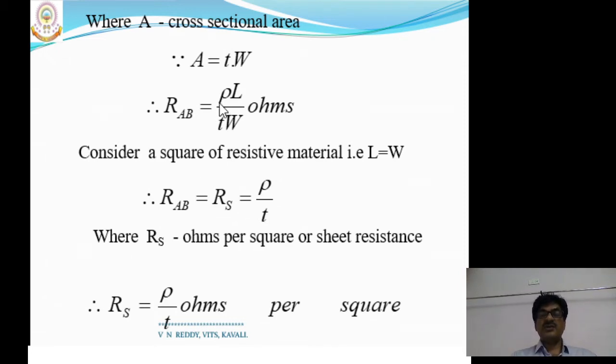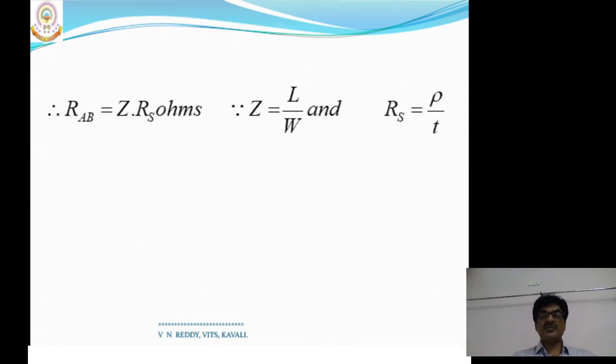So you know RAB equal to rho L by TW, where rho by T is the sheet resistance, and already you know the ratio of L by W. It is the aspect ratio Z. Therefore, RAB you can express as Z into RS ohms, where RS is the sheet resistance and Z is L by W. Okay. So like that you can estimate the sheet resistance value.